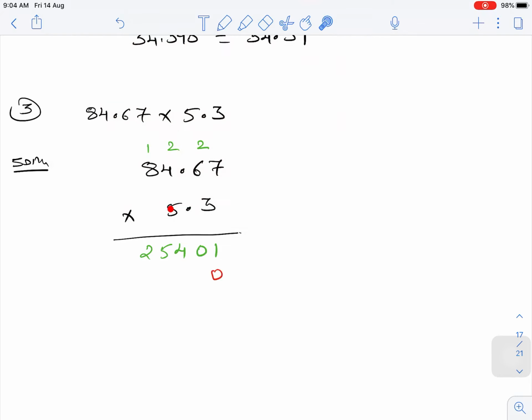Now we have to make here 0. Now we'll multiply all these numbers by 5. 5 7s are 35. Then 5 6s are 30, 30 plus 3, so it will be 33. Then 5 4s are 20 plus 3, so it will become 23. Then 5 8s are 40 plus 2, so it will be 42.